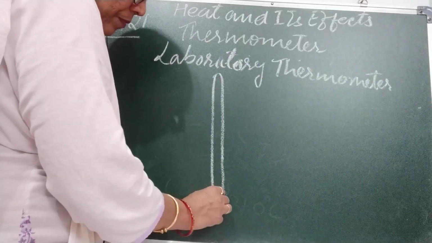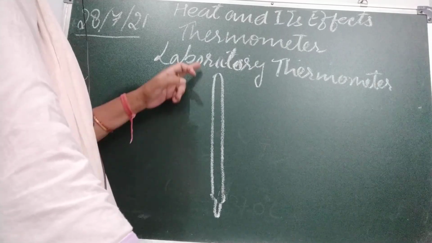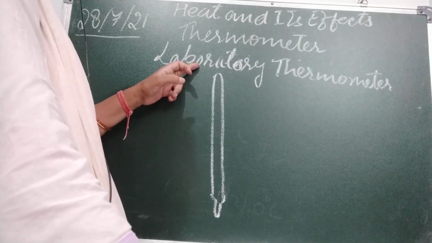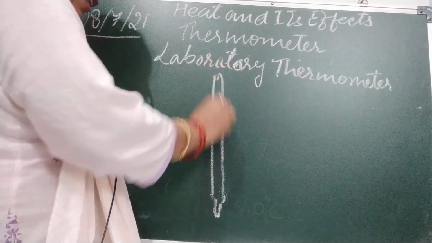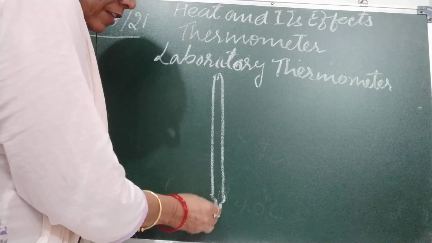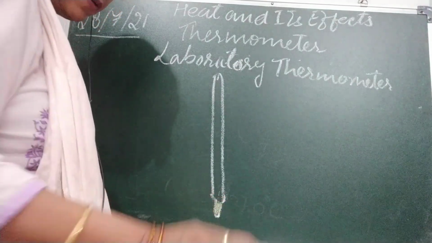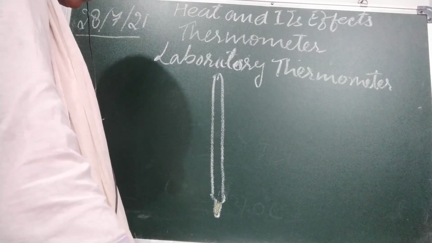Okay. Sealed at one end, this side it is sealed. And on the other side the bulb is there. This is the bulb. The bulb is filled with a liquid.